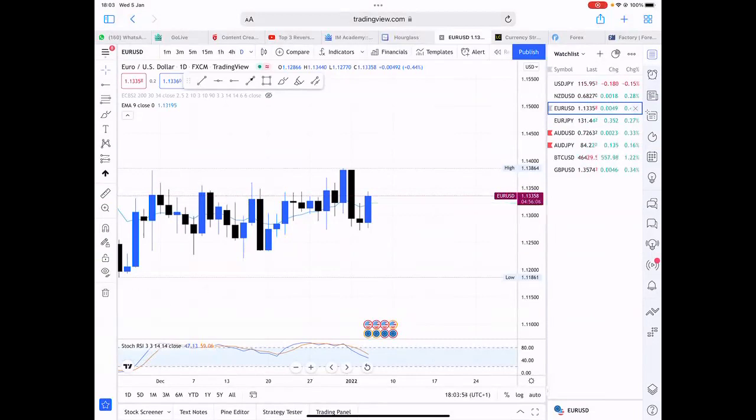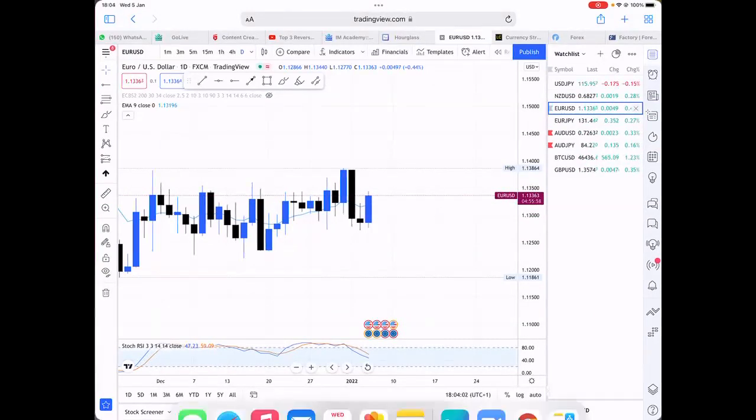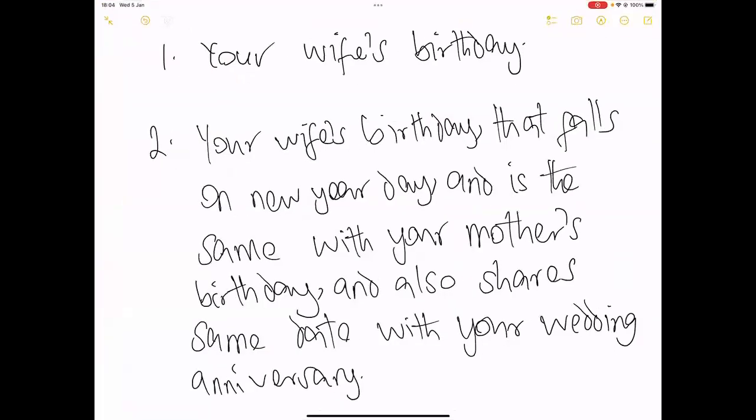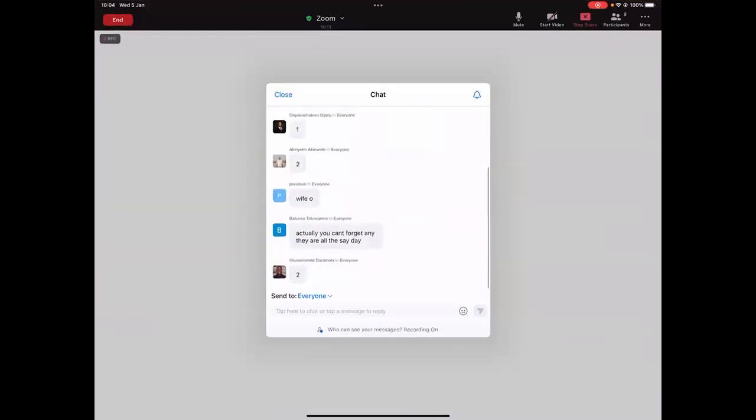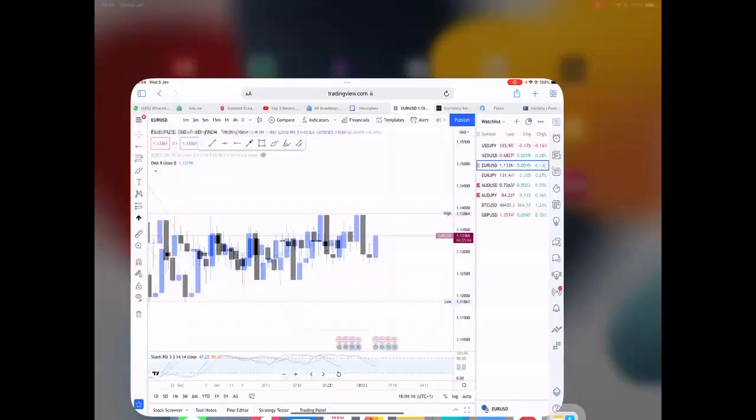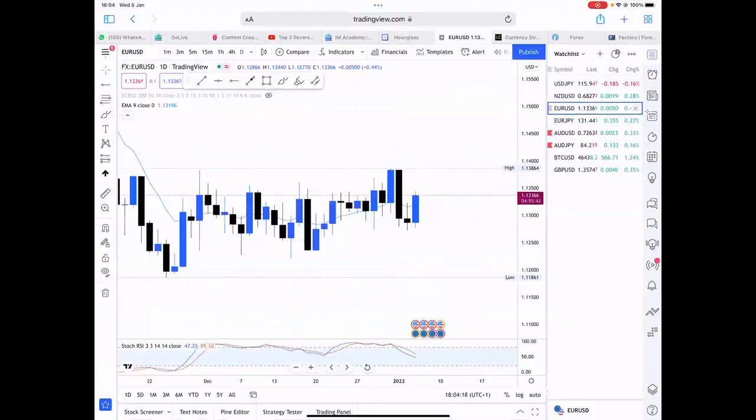I'll tell you the answer. When should I buy? Buy at areas of value. Based on the number of activities on this day, which is more valuable? Number two. That's the obvious truth. Number two is more valuable. So what you want to do is to go to the previous day.